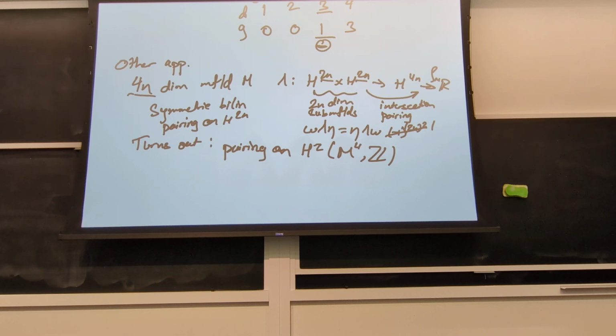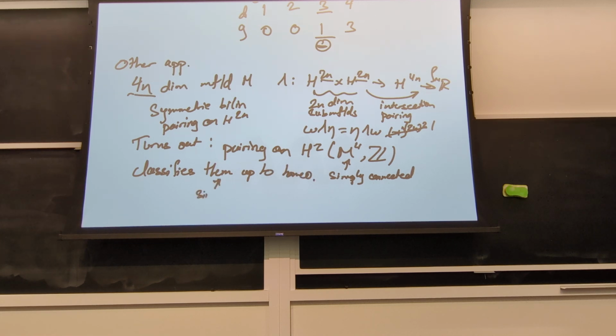This pairing actually has a lot of information in it, because if M is simply connected, then it turns out that this pairing that I just defined here, the intersection pairing, classifies them up to homeomorphism.